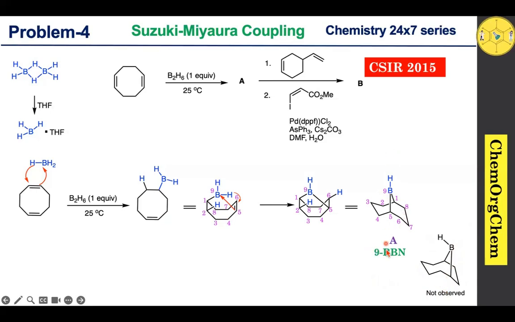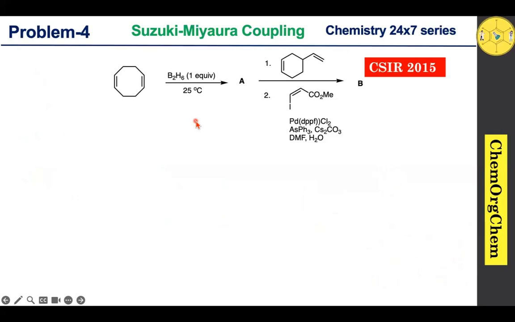So the product A is 9-BBN. This is our product. In the next step, 9-BBN reacts with this alkene. Once again, this is a hydroboration reaction, and it occurs in a regioselective manner.